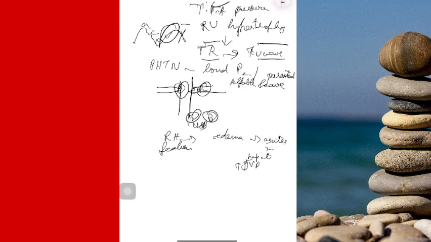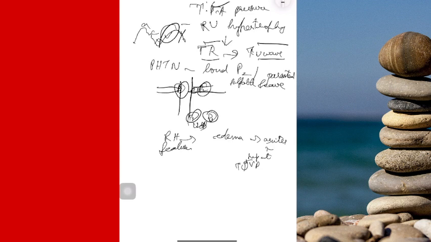In the next heartbeat, your systemic venous return brings more blood. The already present blood and the additional blood brought in during the subsequent cardiac cycle will manifest as a large or prominent V wave in your JVP. So that is basically why you have a prominent V wave in tricuspid regurgitation.